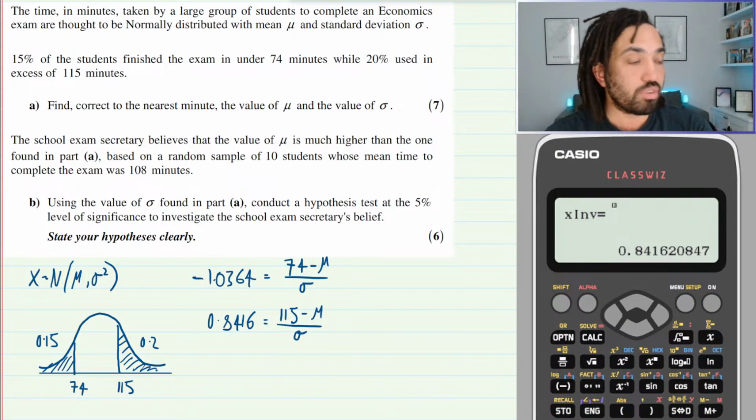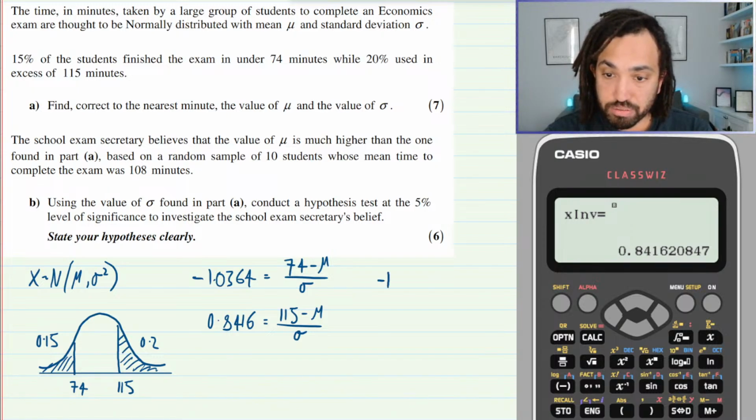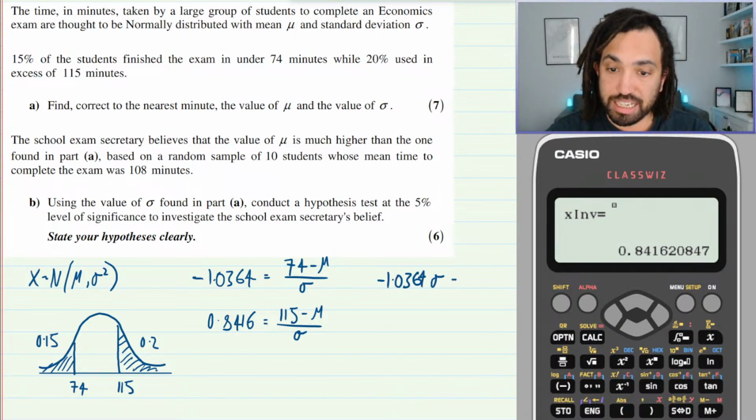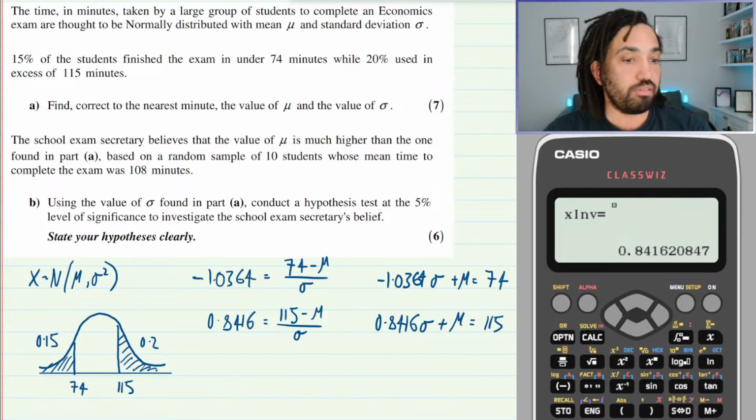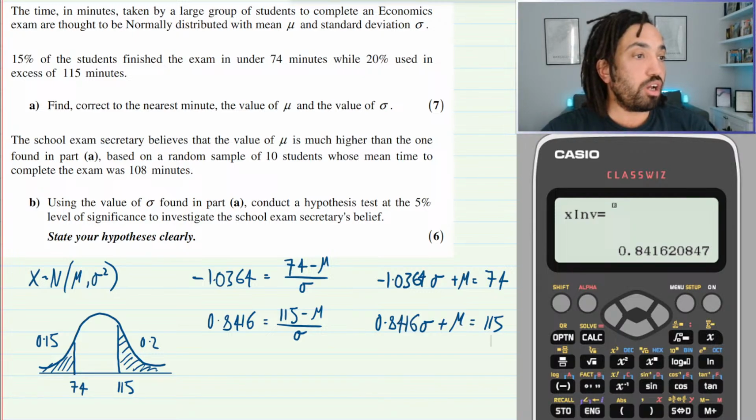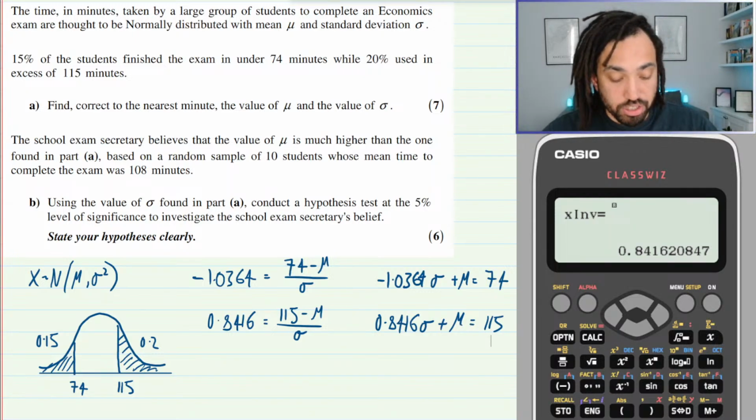Okay, from here we can rearrange. So I can multiply through by sigma and then add mu on afterwards, like so. And over here we can do exactly the same, and then add mu on afterwards, and we get 115. Lovely. Okay, from here we could just solve simultaneously.